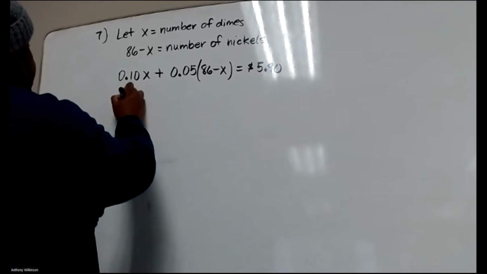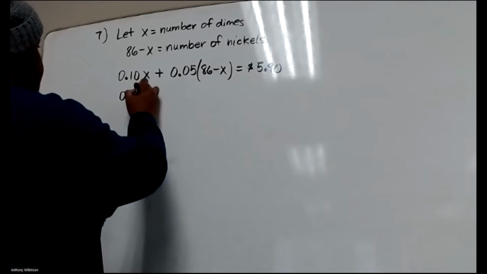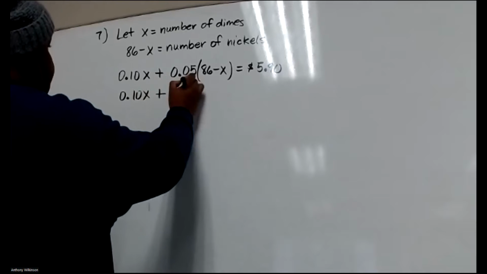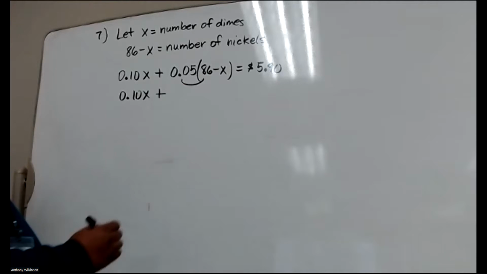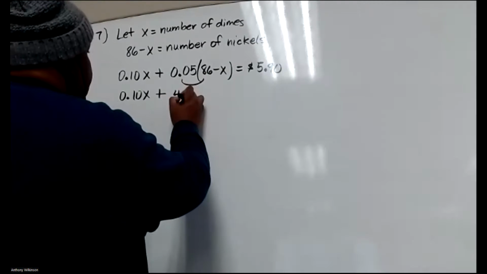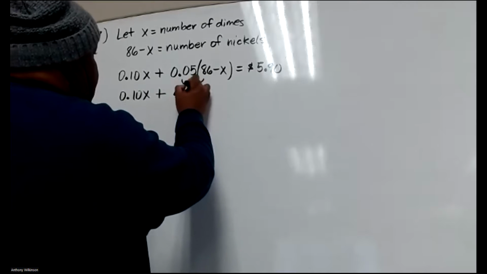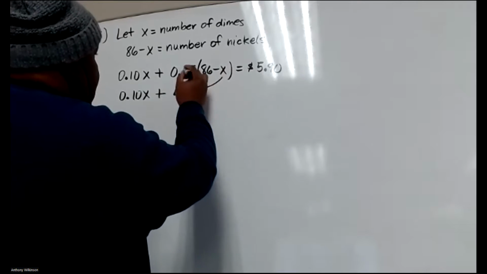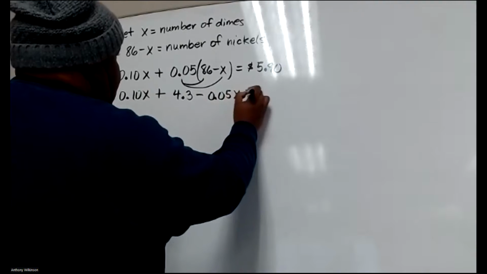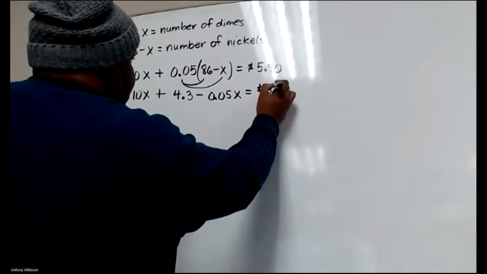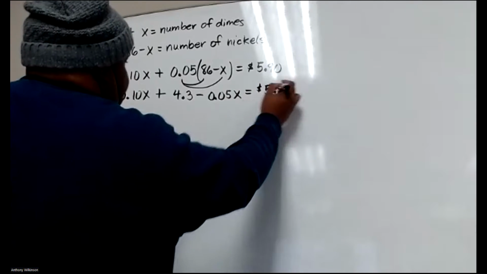Let's see, 0.10X plus 0.05 times 86 will be 4.3, and then minus 0.05 times X will be equal to $5.90.